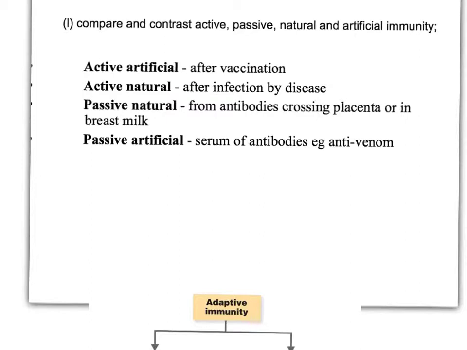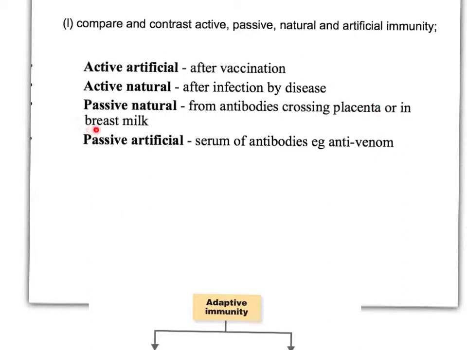Okay. There is then passive immunity, which is when you receive antibodies from various sources. Naturally passive or passive natural immunity happens in pregnancy, when antibodies will pass from mother to developing fetus across the placental wall.